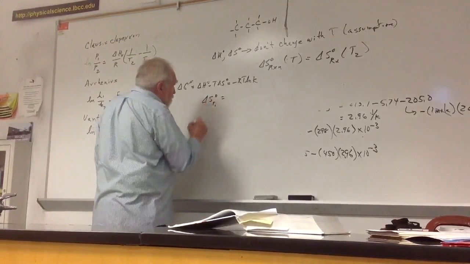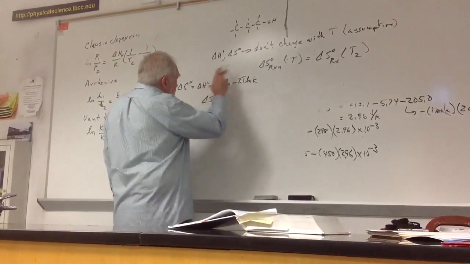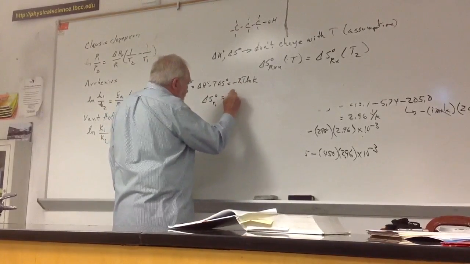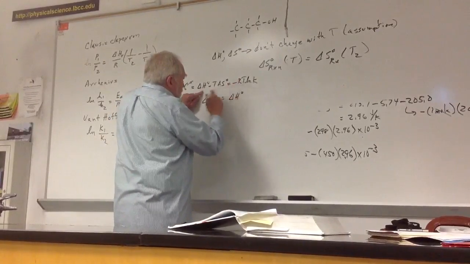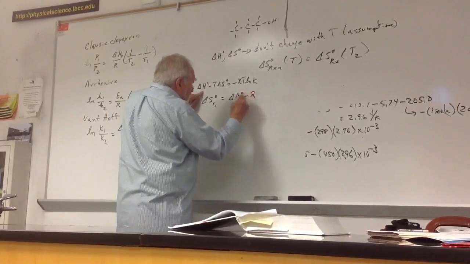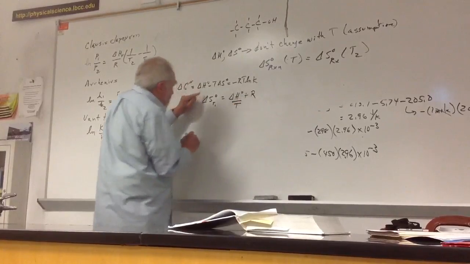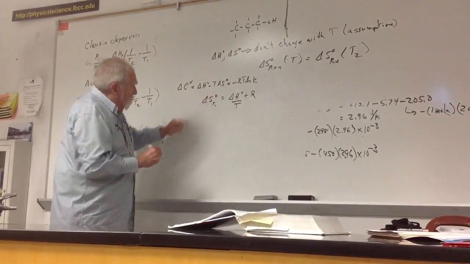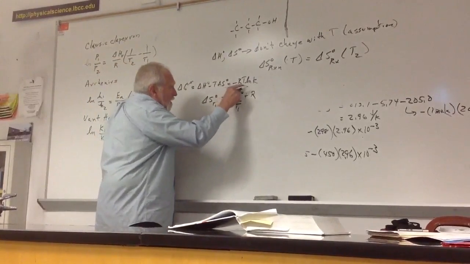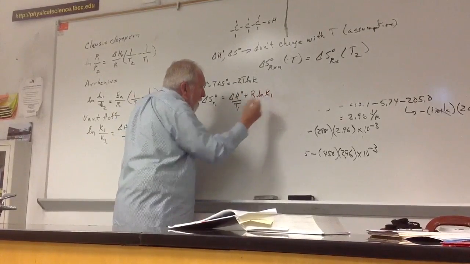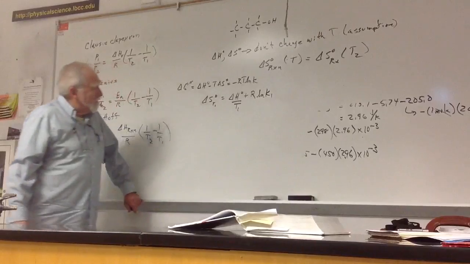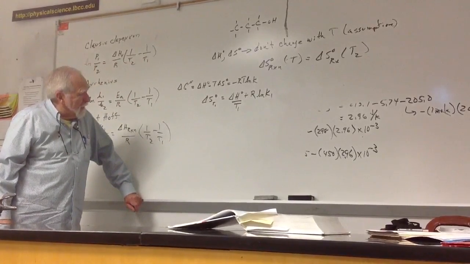And it's going to be equal to, bringing this over here, delta H0, right? And I brought this over here, plus R. I have to put this over T, by the way, because there's a T in here, so I'm dividing by T1. I divide this one by T1 and it's gone. K1. Okay? Everybody's happy with my algebra?